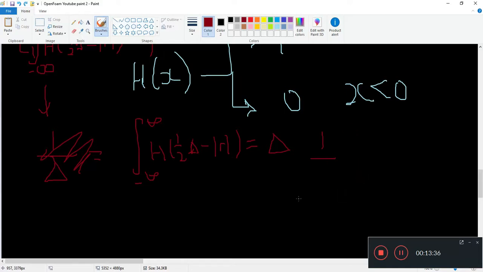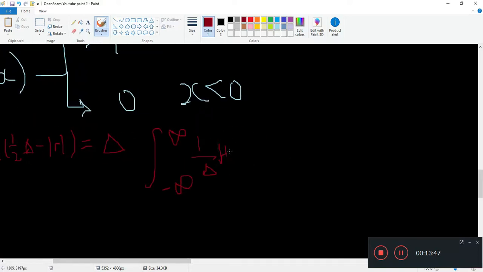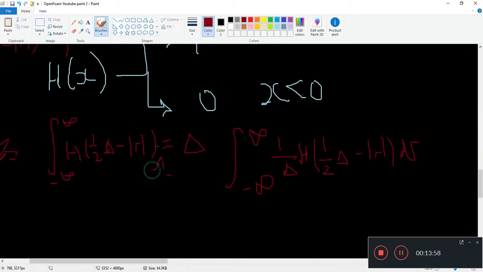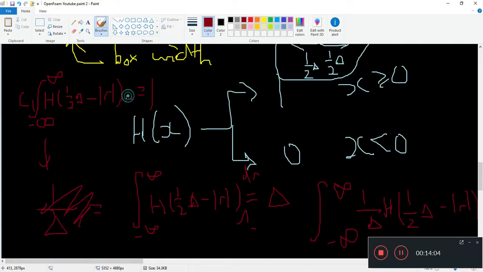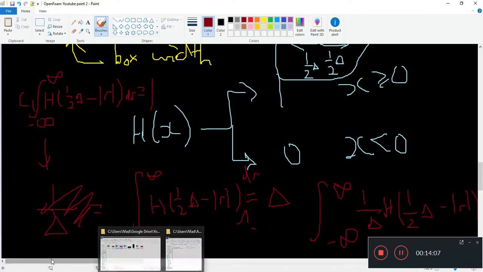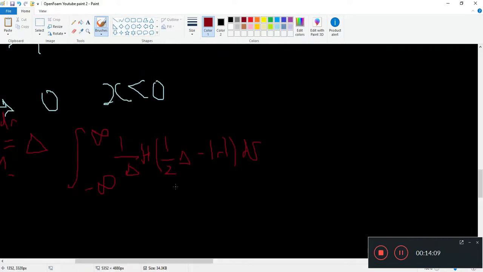The other way of writing it is the integral from minus infinity to infinity of 1 over delta, multiplied by the Heaviside function h of half delta minus mod of r, dr. If I do this, this will be equal to 1. Therefore, this can be my g of r.